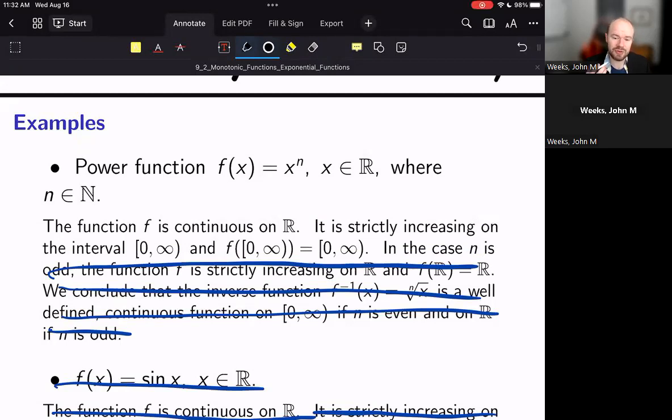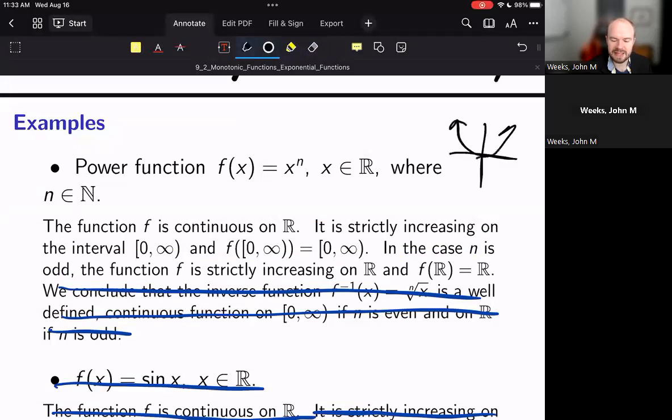Now, we could say a little bit more about this if n is odd. So we could start breaking this into cases. In the case that n is odd, f is strictly increasing on the entire real line. In the case when n is even, of course, we have functions like y equals x squared, which is neither strictly increasing nor strictly decreasing.